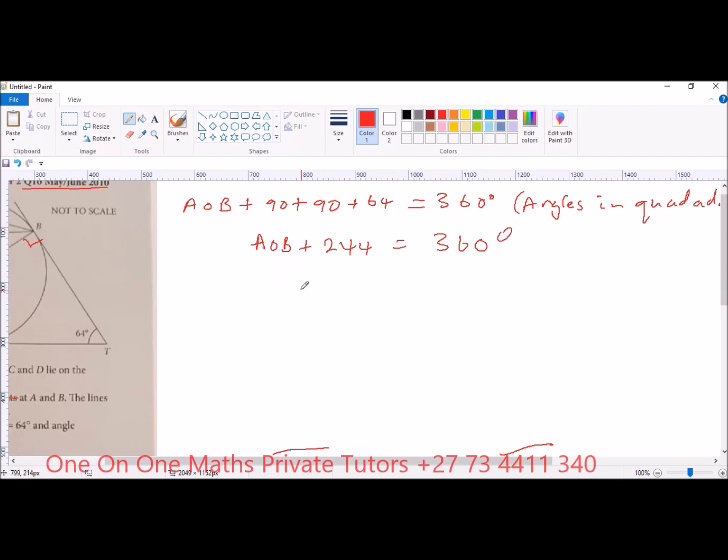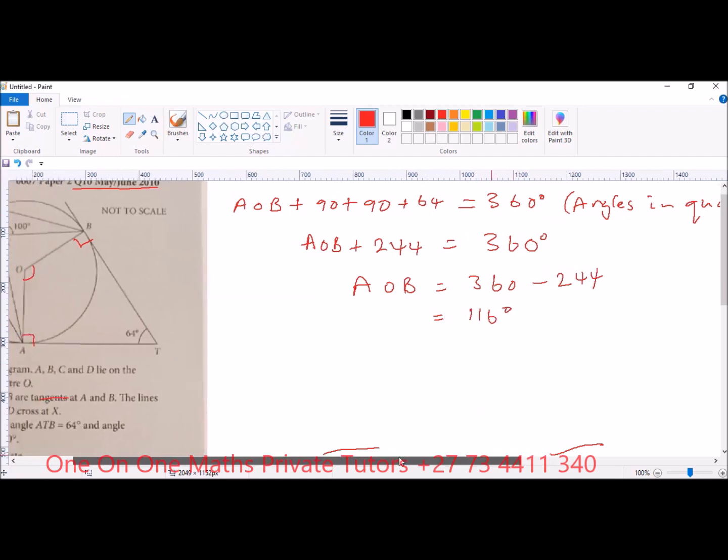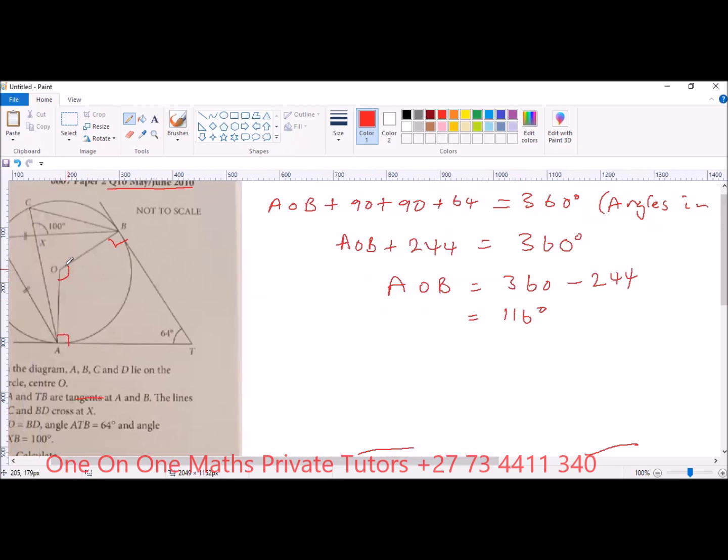AOB will be equal to 360 minus 244, which will give us 116 degrees. Now we can see this is an obtuse angle, so 116 is fitting.